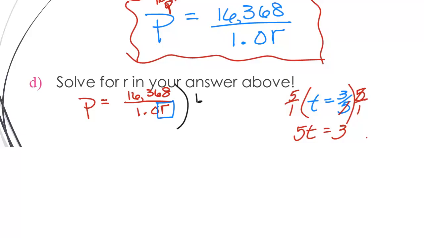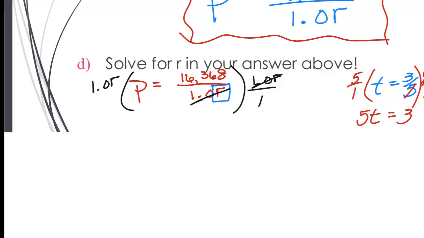Let's multiply by 1.0r on both sides of the equation, because whatever you do to one side when it comes to equations, you have to do to the other. So on the right-hand side, they're going to simplify out, right? And over on the left-hand side, I get 1.0r times p, maybe I'll put that in parentheses just so I know we're multiplying here, equals 16,368.